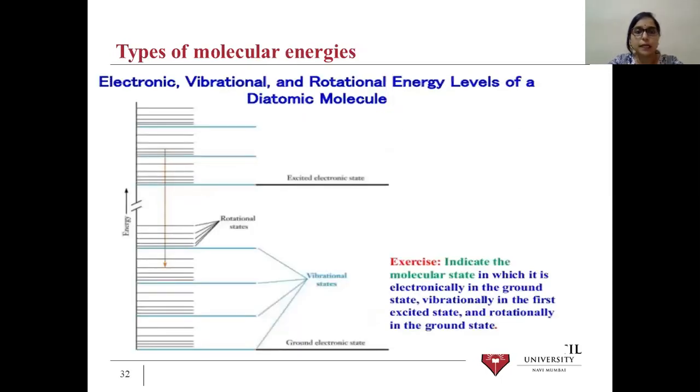Now, these are different types of molecular energies as I wanted to show you in our previous discussion. We can see here that there are electronic states which can be excited to a higher energy level and then come back. There are rotational states, which again have their own energy states, and then there are a lot of vibrational states also available.